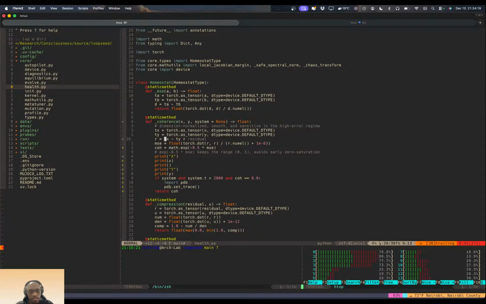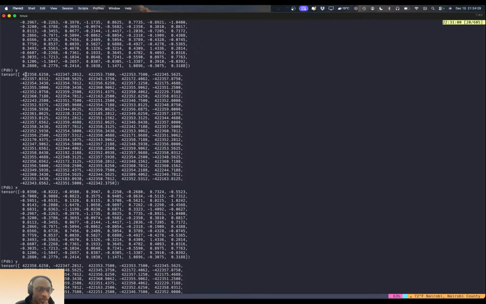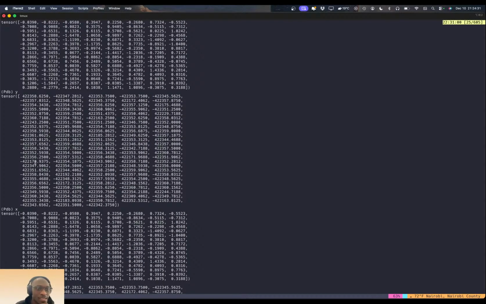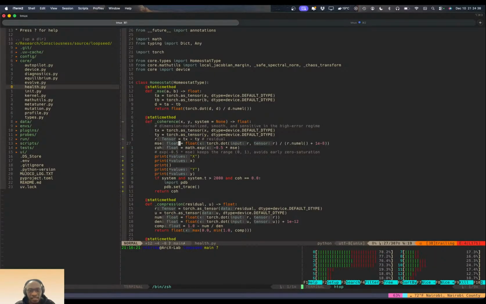The residual is just the observed value minus the predicted value. So if y looks like this, then x minus y just gives you a large negative value.